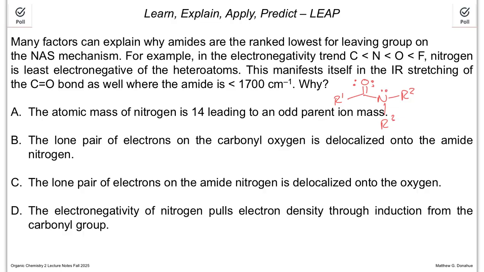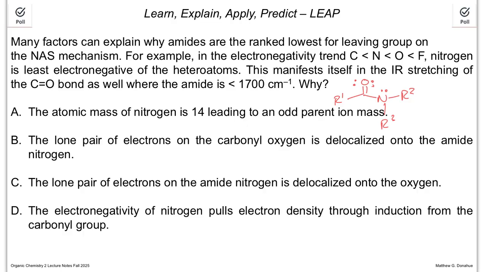So amides are pretty special, not only in organic chemistry and reactivity, but also in biomolecules, because amino acids are connected to one another through an amide bond. In that scenario in biochemistry, it's called a peptide bond. So if proteins, enzymes are made of amino acids, why has nature chosen the amide bond?